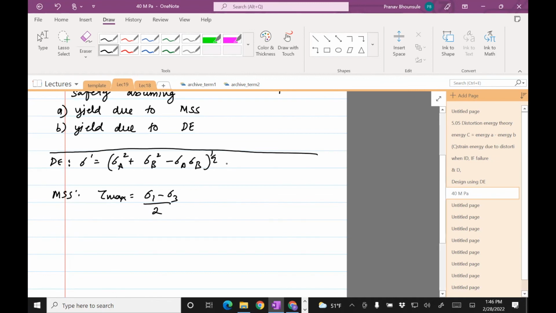So we've got this. And then the factor of safety is the yield strength divided by sigma prime. Let me just write in the same line. So N for this is Sy divided by sigma prime. And for this it is Sy divided by 2 by tau max, right?